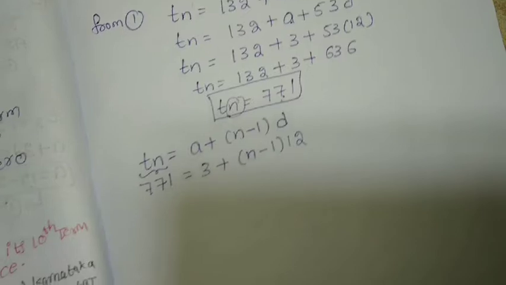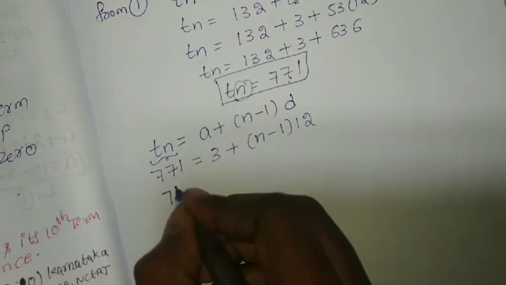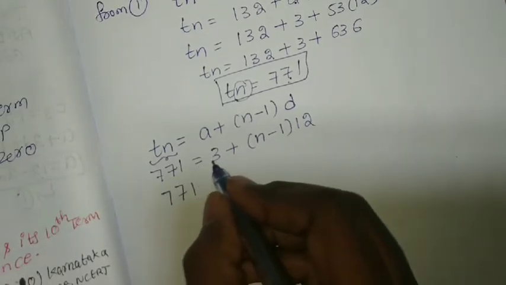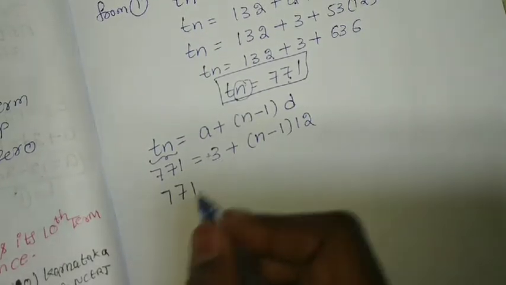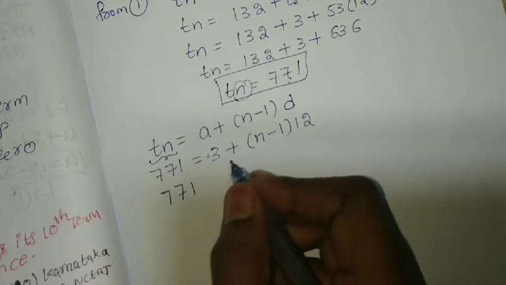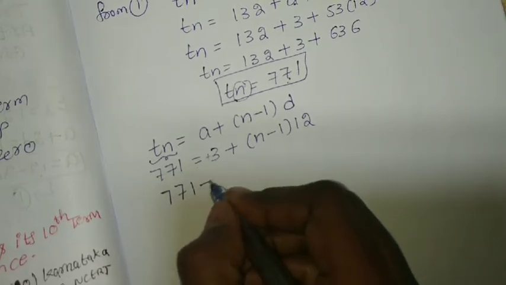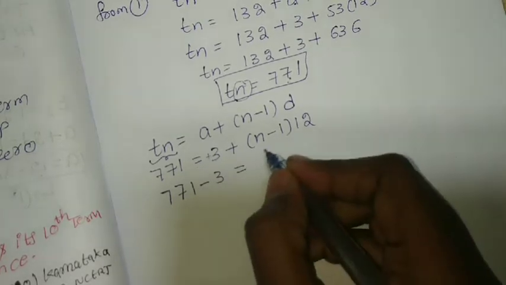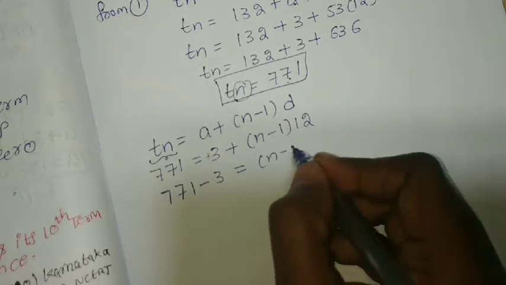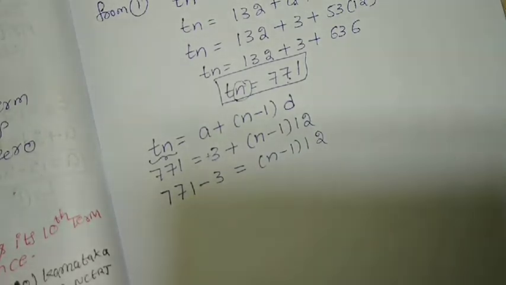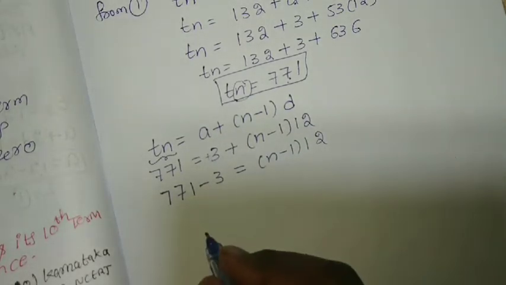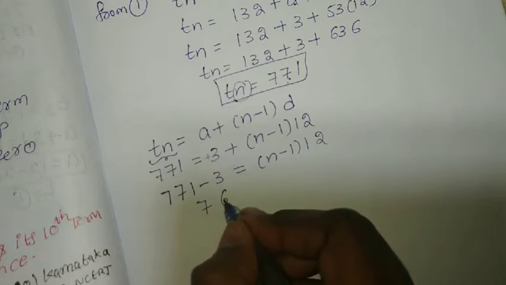And now substitute. What will become here? 771, plus 3 we have. If we need to get it on the left side, then the 3 becomes minus 3, equal to n minus 1 into 12. What is 771 minus 3? 768, right?